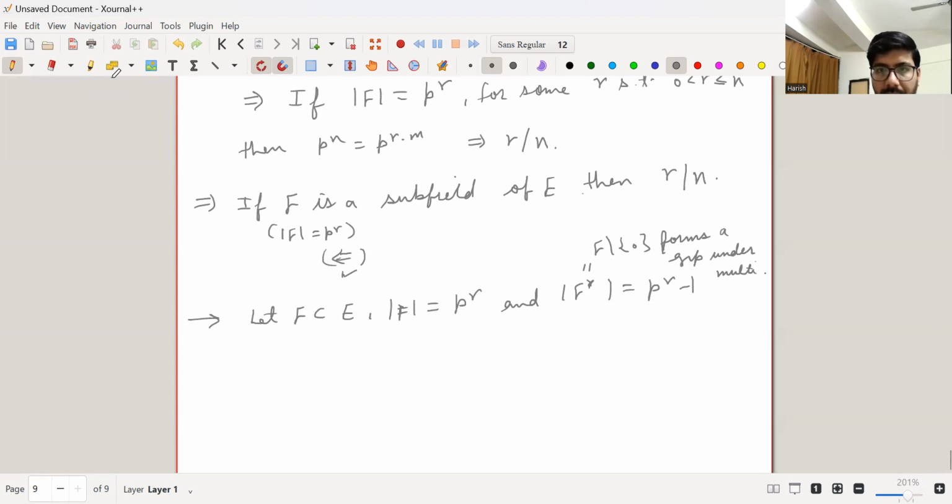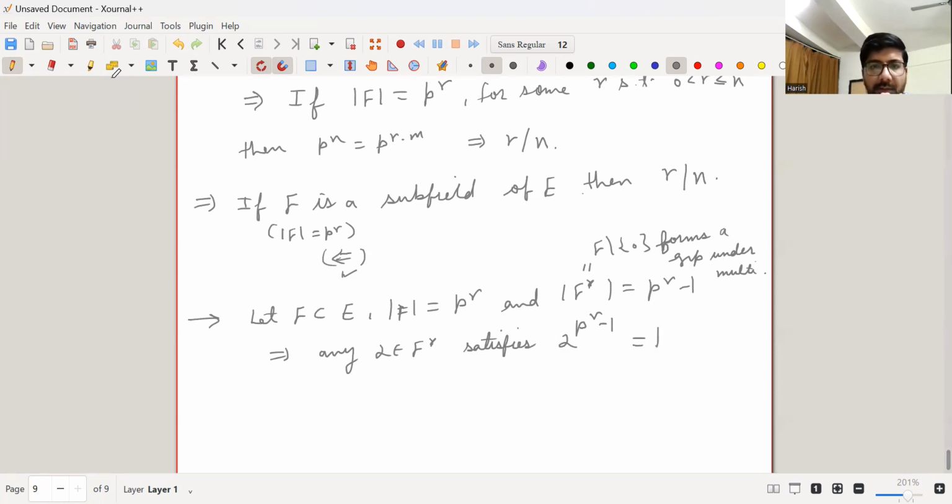So what does this give? This gives that any alpha belonging to F star satisfies alpha raised to p raised to r minus 1 equal to 1.